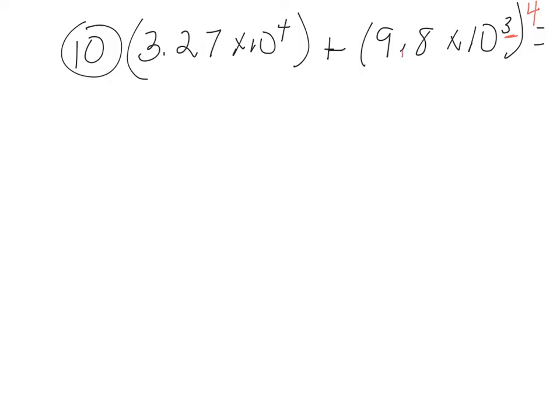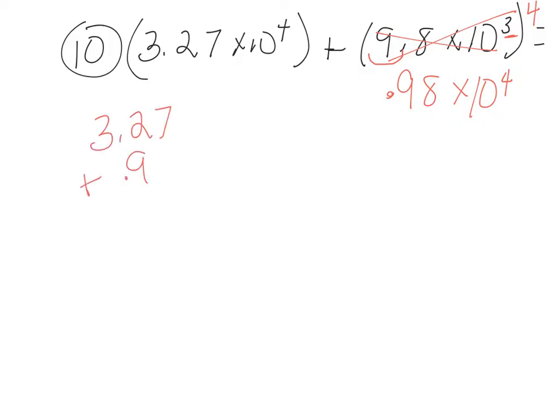And I'm adding to it, so I'm going to move it to the left. So this number is now this. And now I can go ahead and add. So I need to do some scratch math off to the side here.